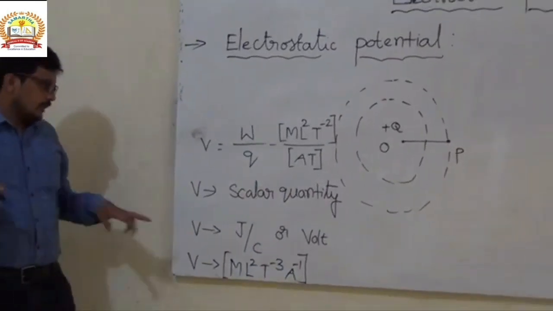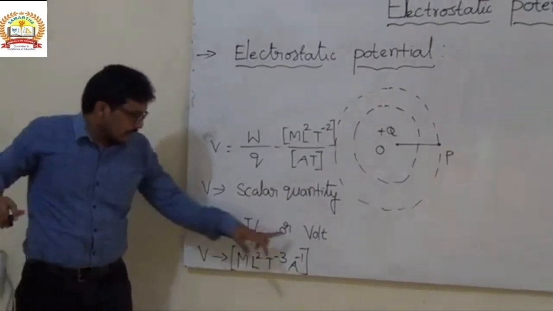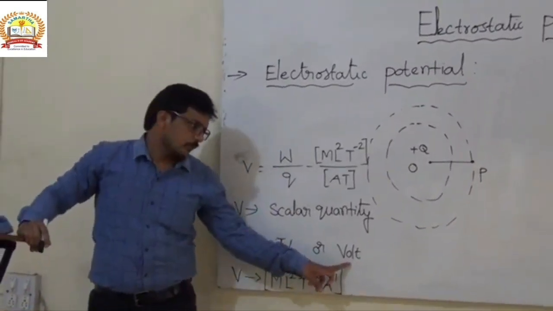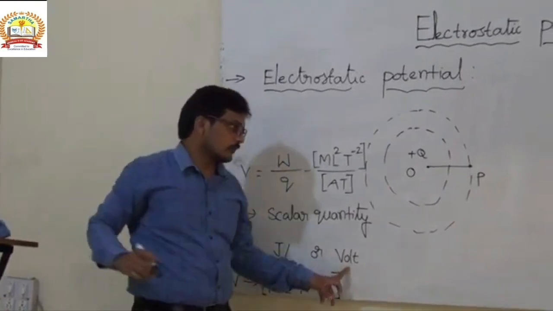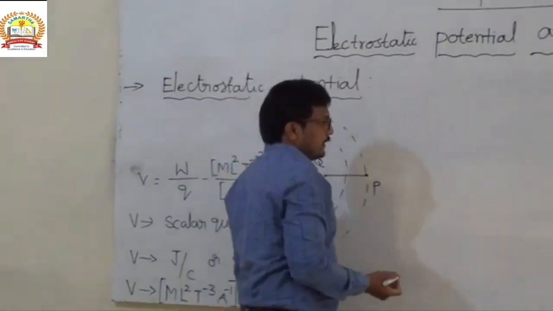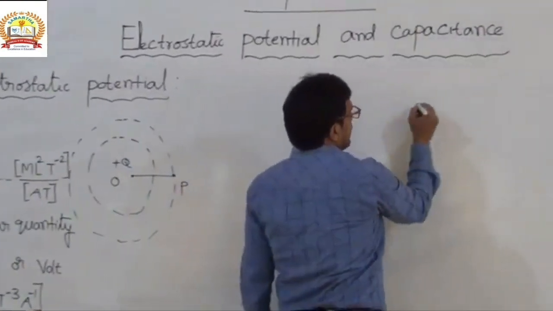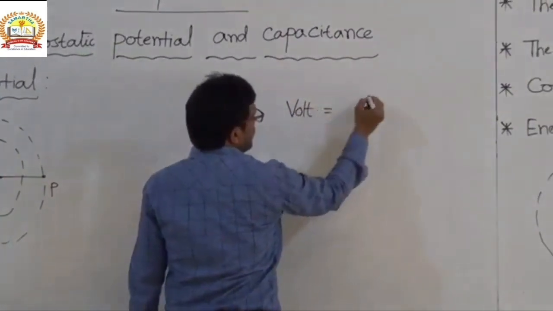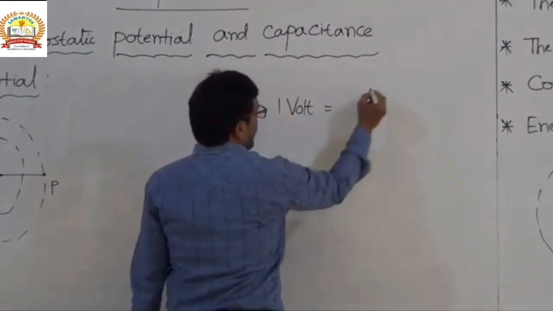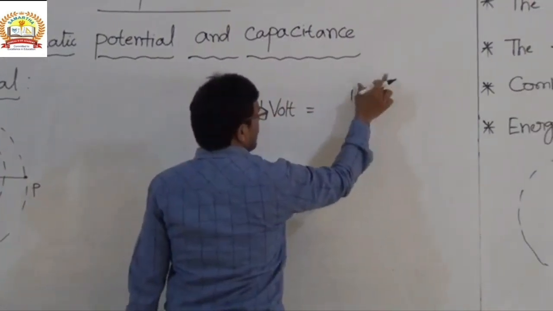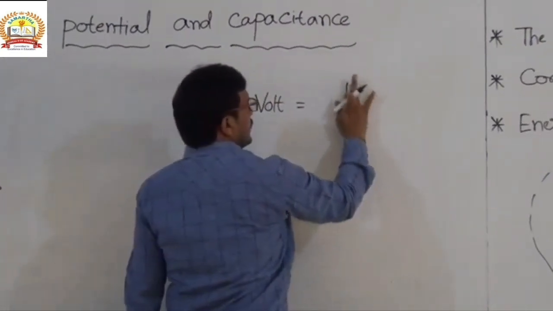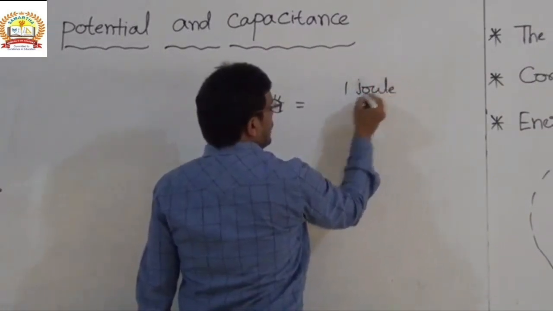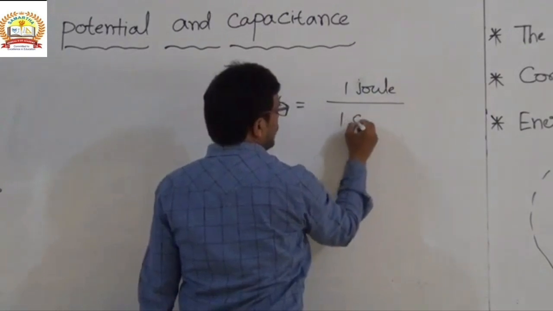And we know the units of potential can be measured in volts also. Then we can define the volt: 1 volt is equal to 1 joule per 1 coulomb.